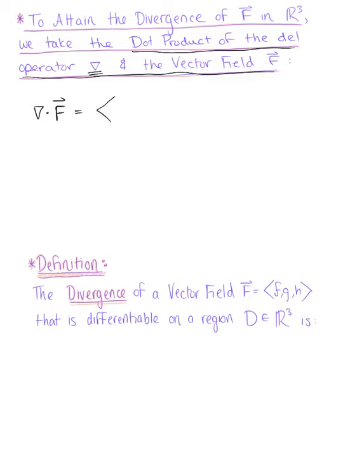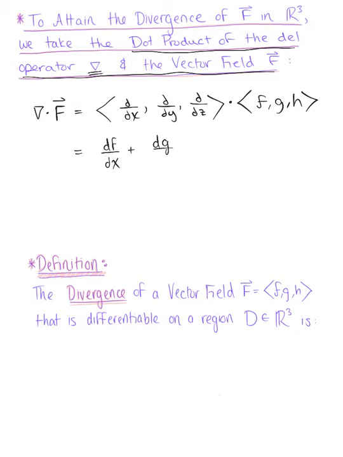So del has components d dx, d dy, and d dz for space, and we're dotting this with that 3-dimensional vector field defined as f, g, h. In applying the dot product, we end up with the partial derivative of f with respect to x plus the partial derivative of g with respect to y plus the partial derivative of h with respect to z.